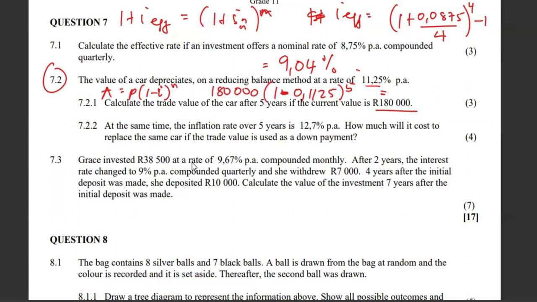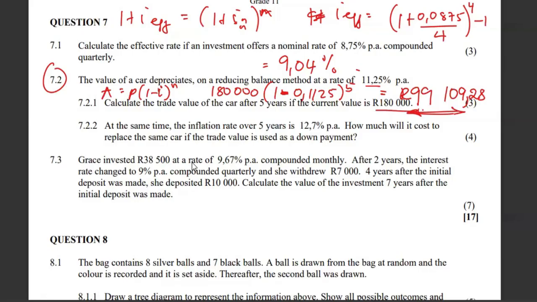Okay, punching that into the calculator, the trade value I'm getting is 99,109.28. So that is what I end up with.